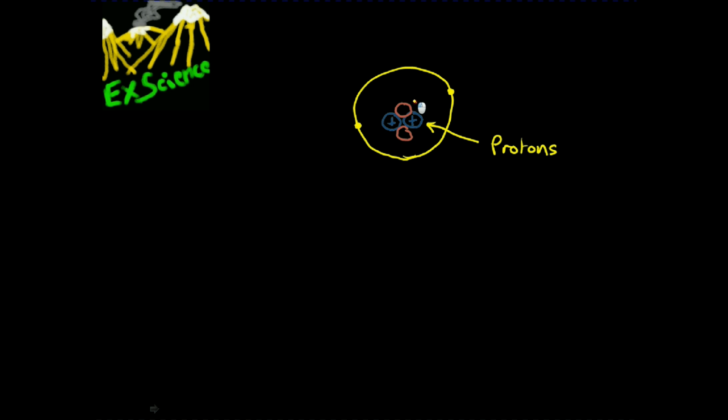So let's label these. Protons, neutrons, and these electrons have a charge of -1.